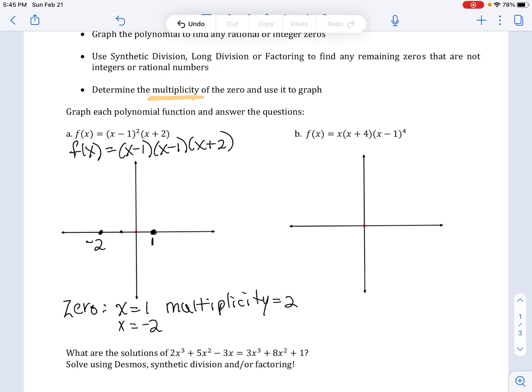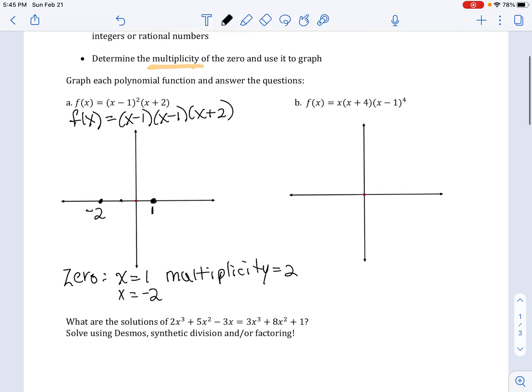The y-intercept is a useful point to know because it helps you when you're graphing. So the y-intercept is where you plug in 0 for x. So that's going to be 0 minus 1 multiplied by 0 minus 1 multiplied by 0 minus 1. So that's going to give me a negative 1. So 0, negative 1 is my y-intercept.